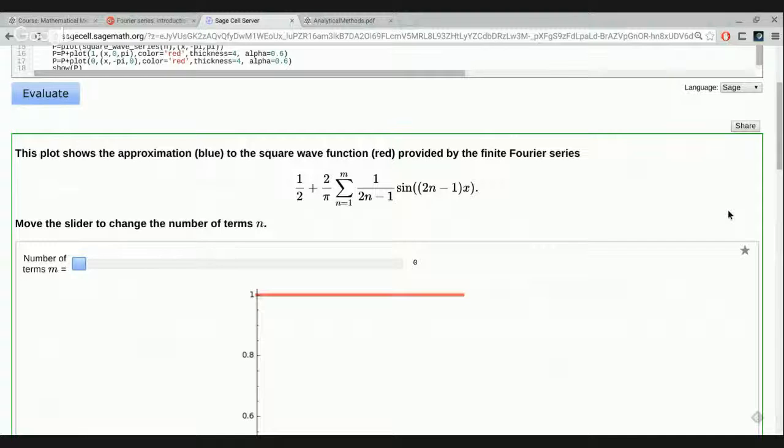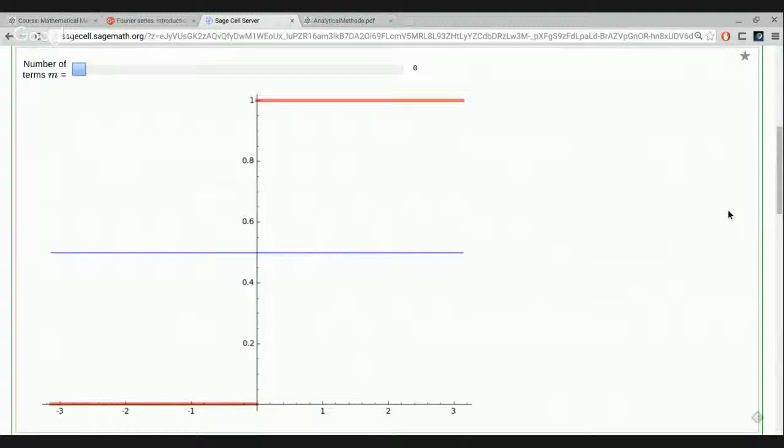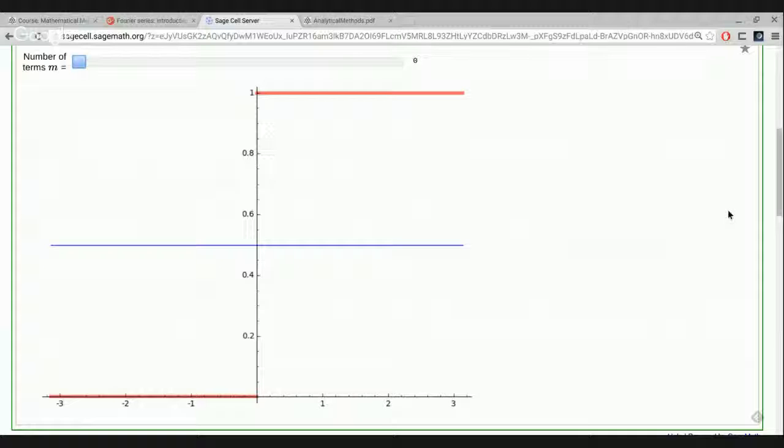If you think about it, the best way of approximating this square wave function, if you're only allowed to approximate it with a single constant, the best constant to use would be a half. It's the average behavior of the square wave function over the whole interval, and it's the best one number summary of the whole function.